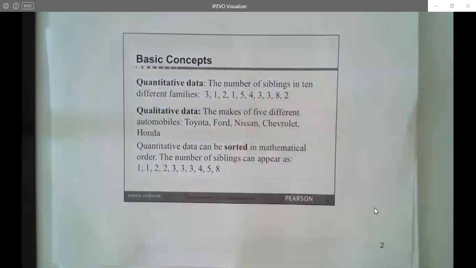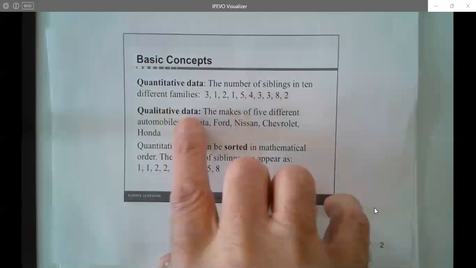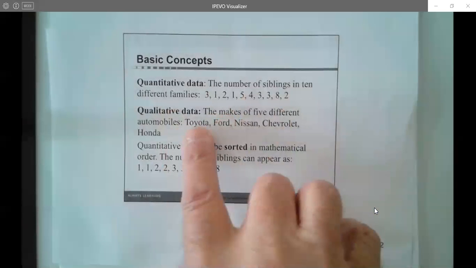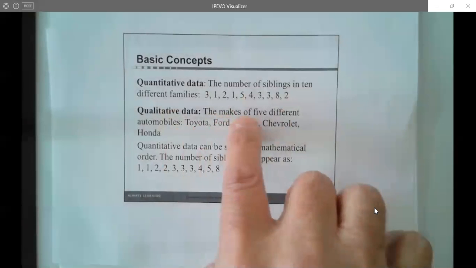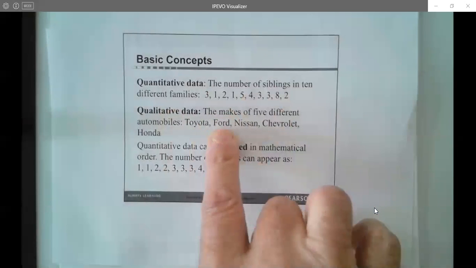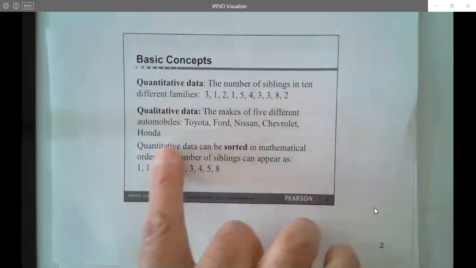And we're talking about quantities, whereas qualitative data, such as the makes of 5 different automobiles, such as Toyota, Ford, Nissan, Chevrolet, Honda, and so on.